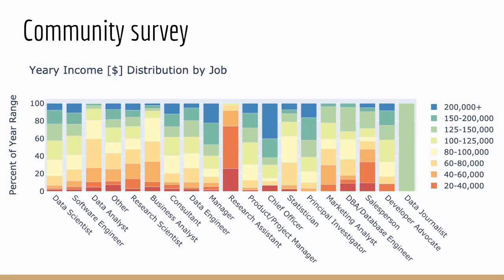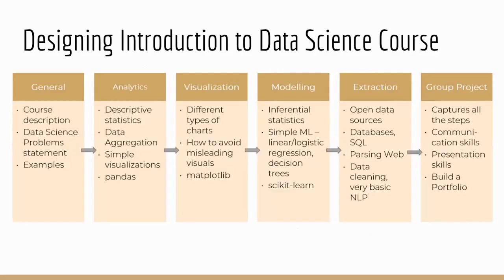Well, after we've analyzed all the data, we've created our first introduction to data science course and then a master program. Based on our analytics, we suggest making the intro course a combination of 6 modules. The first one, probably the most important, is a general description of what data science is, what problem it solves and with which methods, and basically in some sense it's what we had in our first lecture.